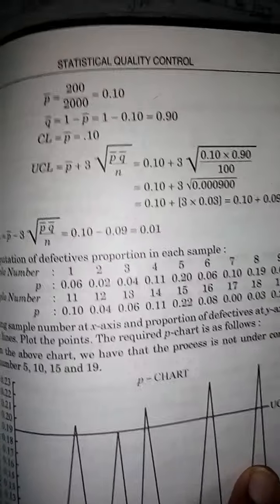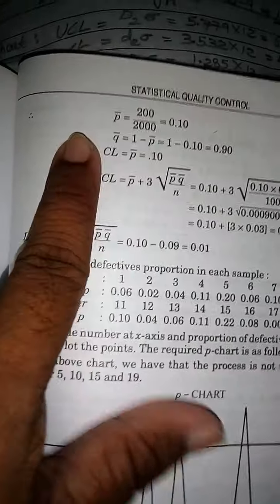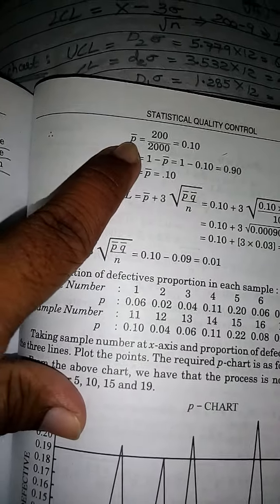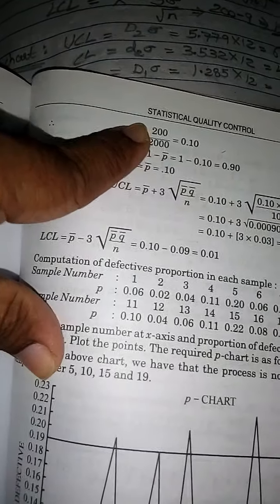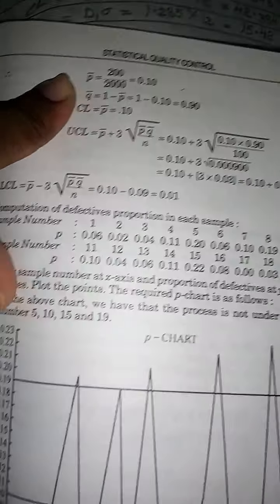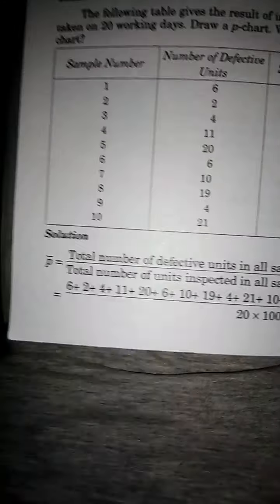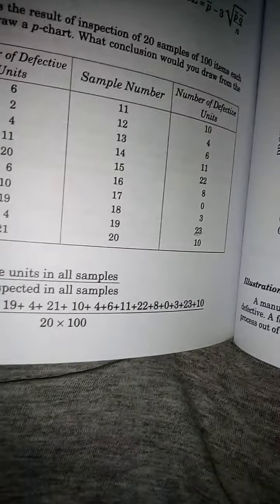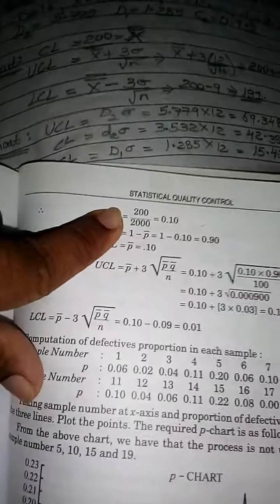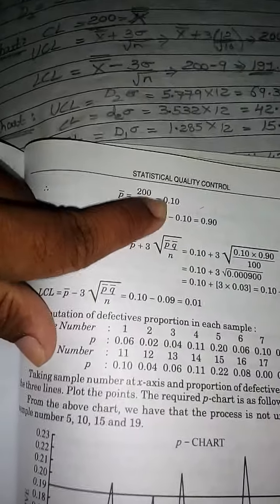By putting the formula, for the central line we need to calculate P bar, which is 200 by 2000, it is 0.10.